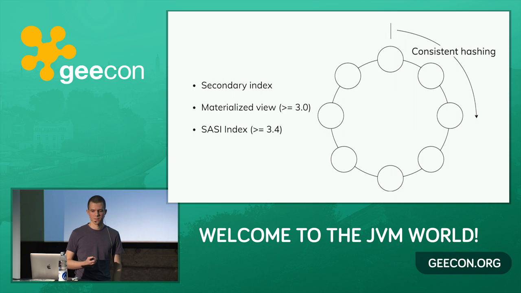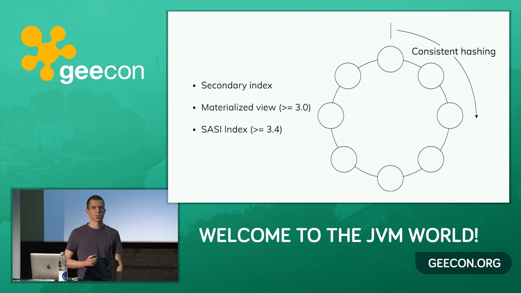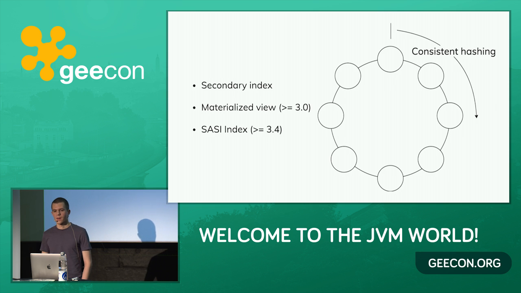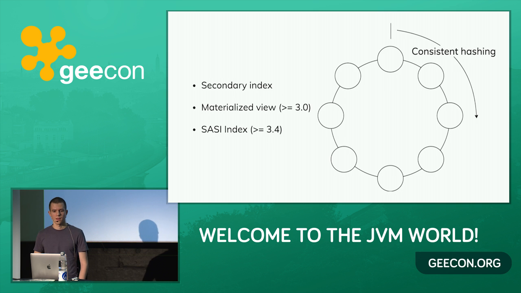So it's not so easy, and this may also not work for you. And there's a third option. There are SASI indexes, which are SSTable attached secondary indexes, and they were added in version 3.4. And they are much better than original secondary indexes, and they actually allow you to do range queries. So they may work for this case.